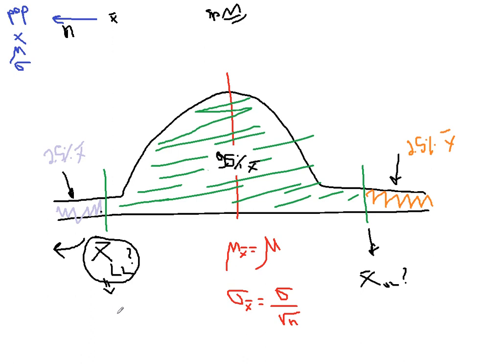Okay, so how about before I start finding x bar lower limit, I try to find z lower limit. My question, am I allowed to use the z? Well, look at the sampling distribution of the mean. Does it have a normal distribution? Yes, it does. Therefore, you can transform it into a z. Okay?